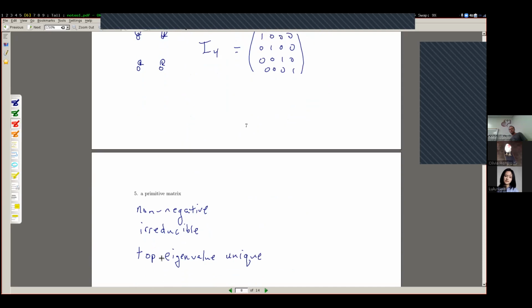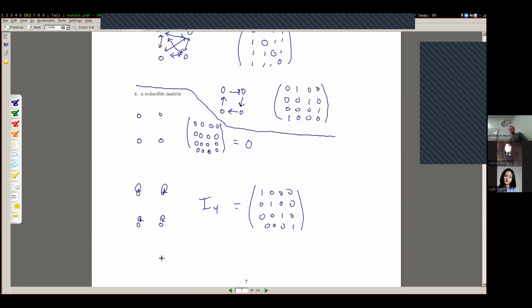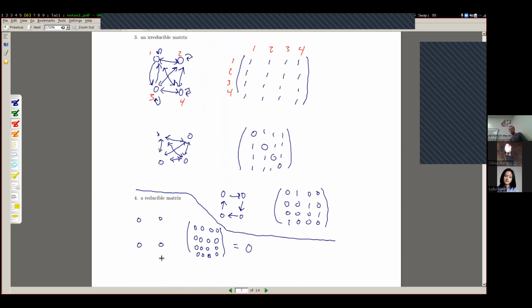How many people here feel like you have a good intuition on whether a matrix has a unique top eigenvalue just from being able to look at it? It's 100% okay if you don't have that intuition.